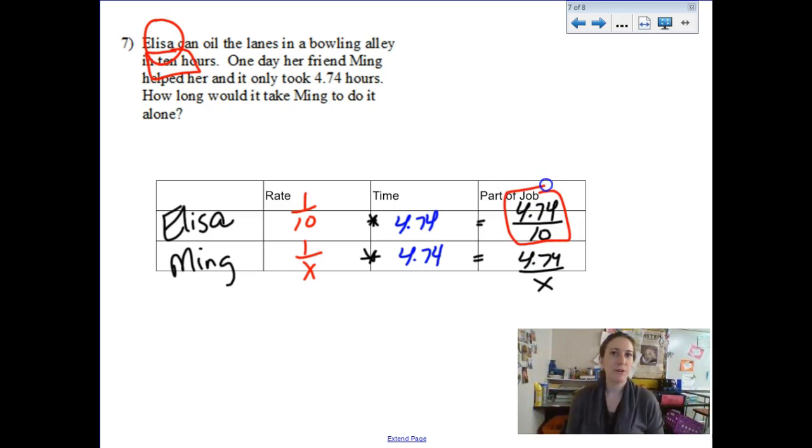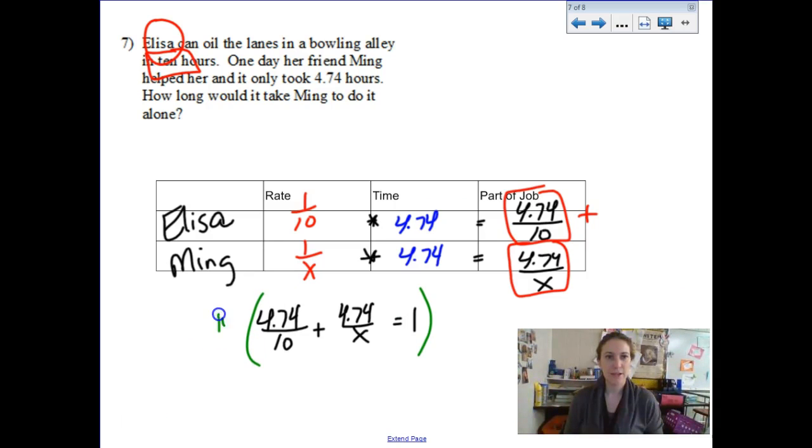And when you add each part of the job completed by each person, it completes one job. All right, LCM on this question, I'm thinking 10x would work. That's nice multiplying, so that makes me happy. The 10s would cancel, and we get 4.74x, plus, here the x's would cancel, and you get 47.4. And then don't forget the important 10x times 1, 10x.